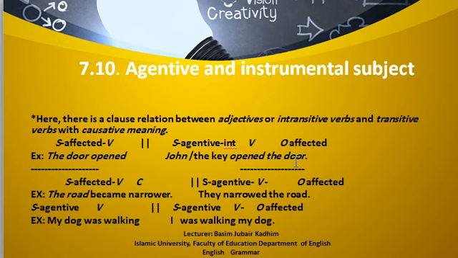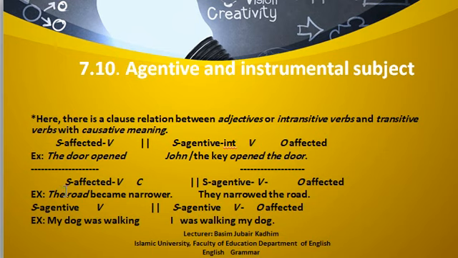Now here the door is affected, which is the object, and the object is affected. John is the subject, John or the key, which is the agentive. John, agentive, the key, instrumental. Opened, the verb, and the door, the object, which is affected.